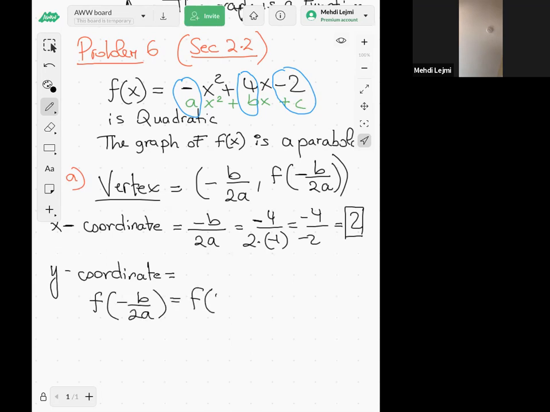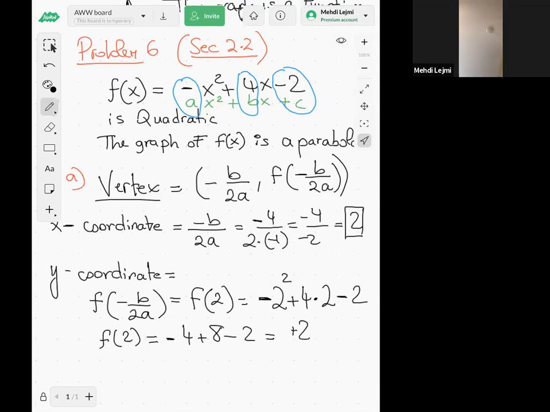So you plug 2 into the function f. That would be minus 2 squared, plus 4 times 2, minus 2. So f of 2 is negative 2 squared, that's -4, plus 4 times 2, 8, minus 2. So -4 plus 8 is +4, plus 4 minus 2 is +2. So your y coordinate is also +2.